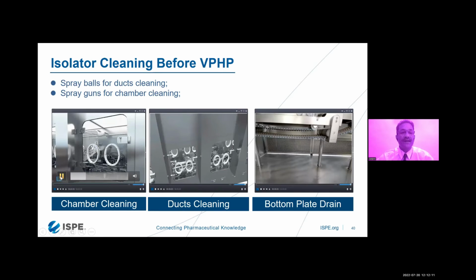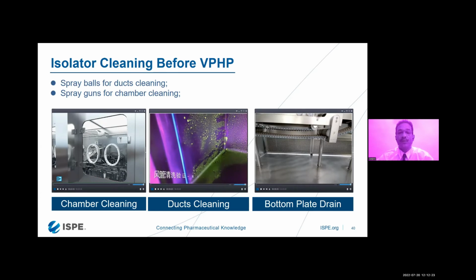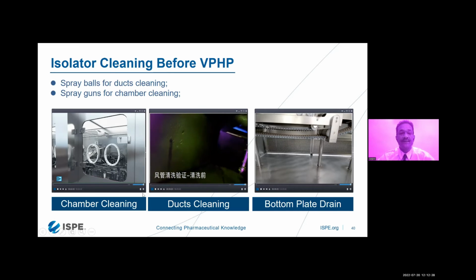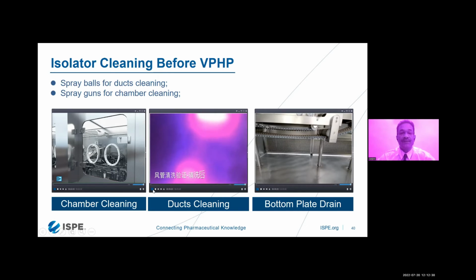So you can see there are spray balls inside the chamber. And here, basically, even for the ducts, which are the return risers, there are spray balls in the risers. So when you're handling a potent product, you can also clean these risers with the help of the spray balls.